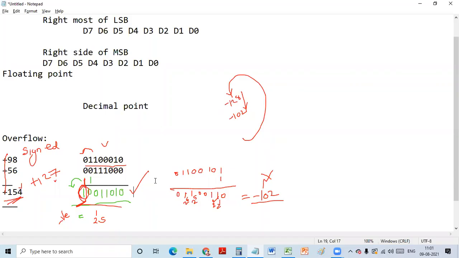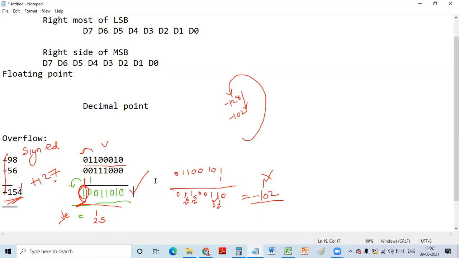See, we have done addition of two positive numbers. Similarly, overflow may occur in a case where we perform addition of two negative numbers. So whenever we add two negative numbers, if we get a positive number as a result, then that is also said to be overflow.